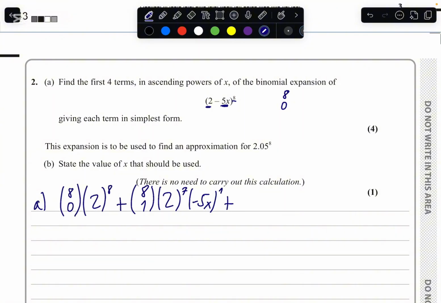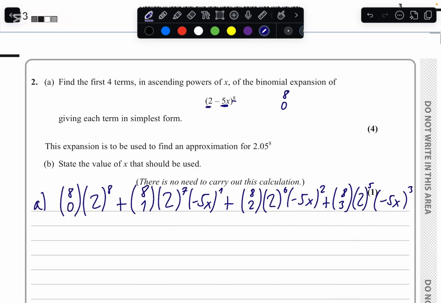Then you will add it again, and you'll do 8 choose 2 this time. Again, 1 power less, so 2 to the power of 6, and minus 5x to the power of 2 this time. And for the final term, you will do 8 choose 3, 2 to the power of 5, times minus 5x to the power of 3.